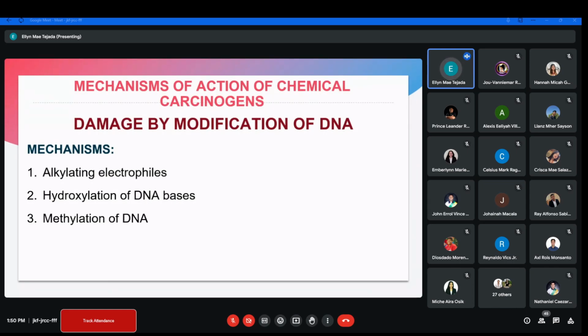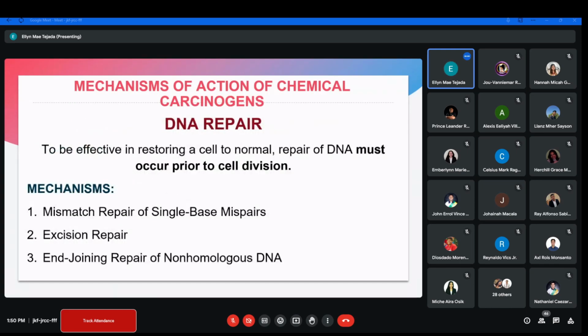If there is damage by modification of DNA, the MOA of chemical carcinogens also goes with DNA repair. During DNA repair, the DNA region containing the adduct is removed and a new patch of DNA is synthesized, using, of course, the opposite intact strand as a template.